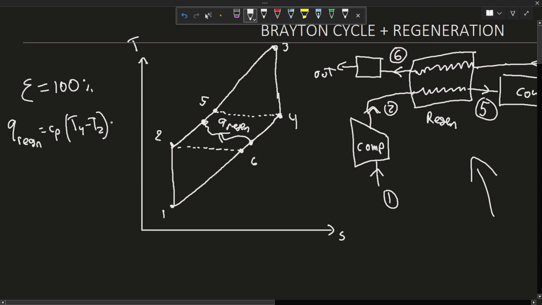So you just take that as reference, and then you multiply it by the regeneration efficiency. That's the only formula that's being added.